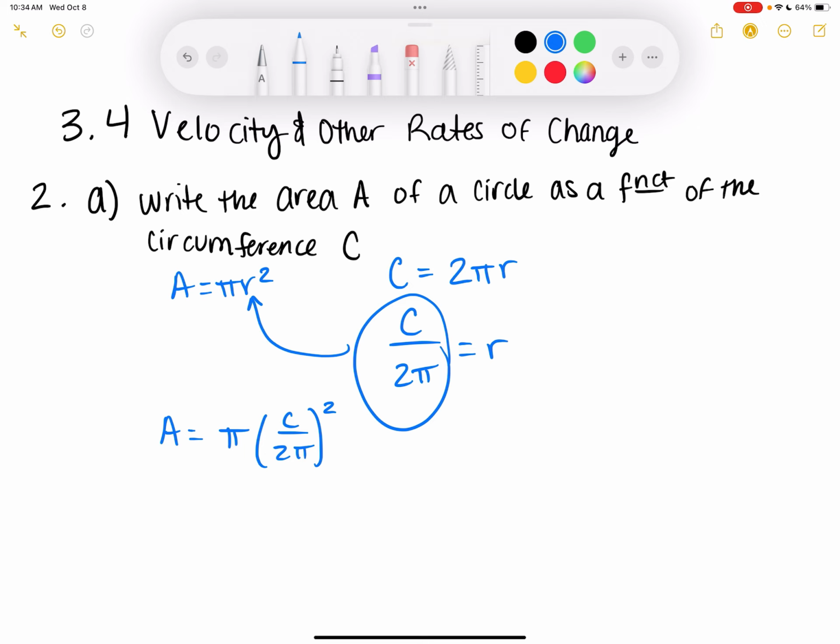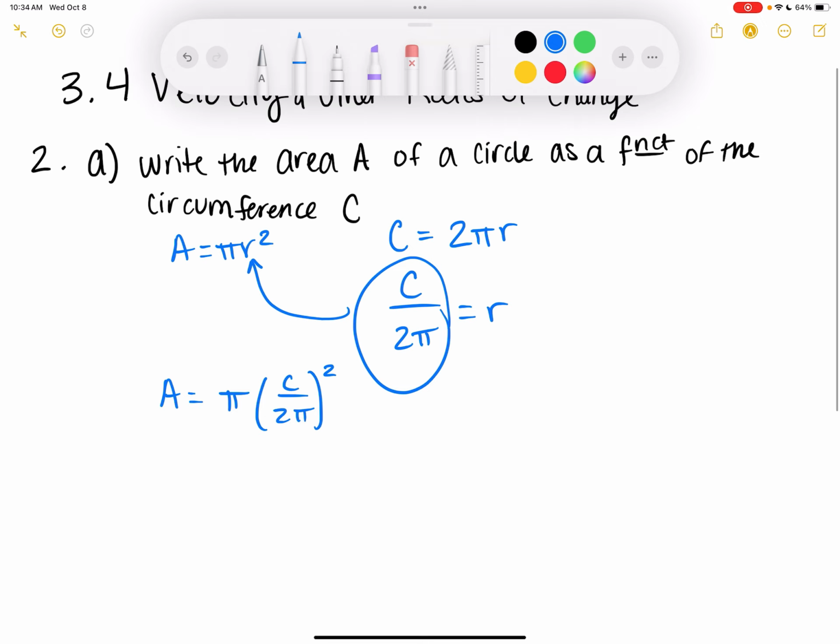If you want to square it in one step, that's also fine. So that would give me area is C squared times pi over 4 pi squared. And then to reduce it, I would end up with C squared over 4 pi.